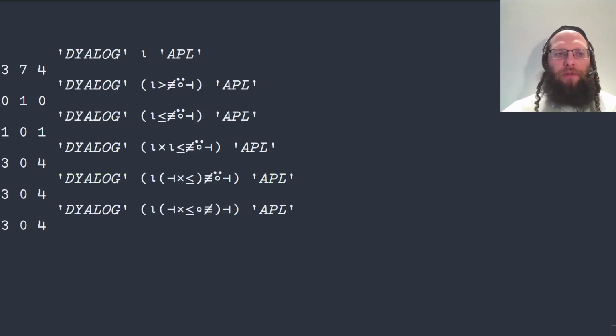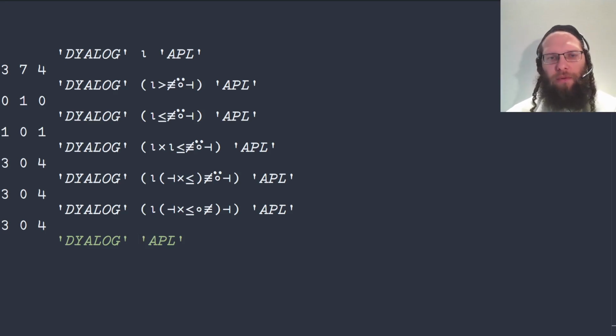A whole different way to do it is to post-process the indices that we get. So essentially what we want to do here is we want to wrap around. When we hit the limit, which is the length of the left argument, then we want to wrap around to 0.